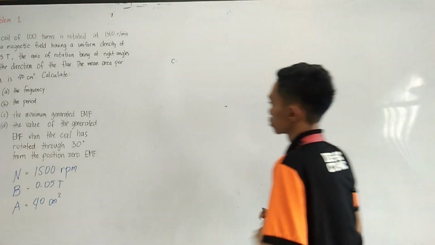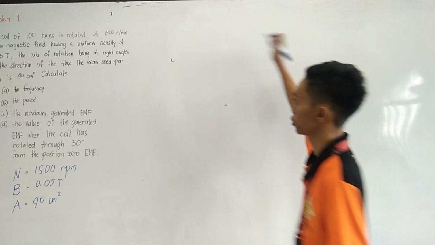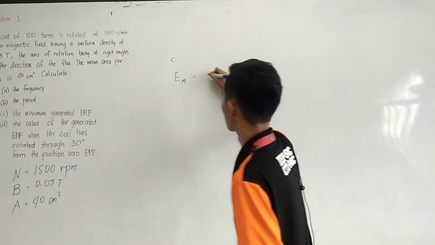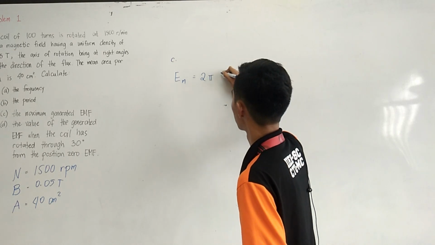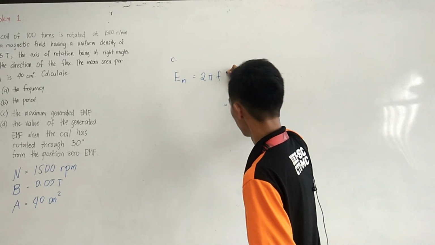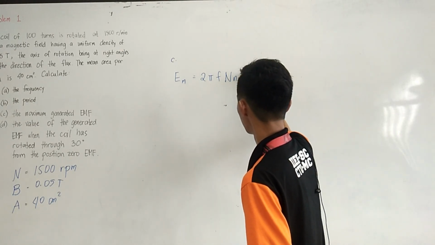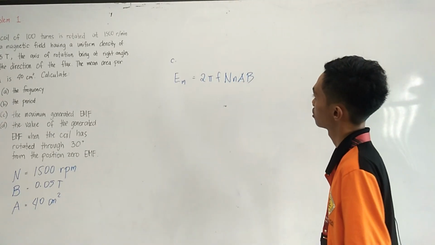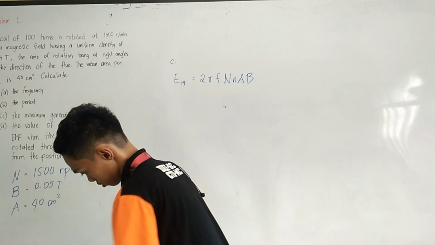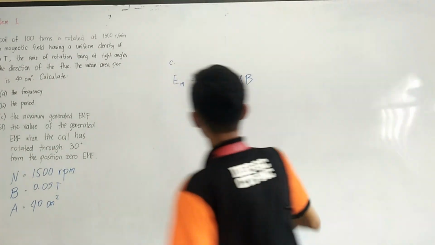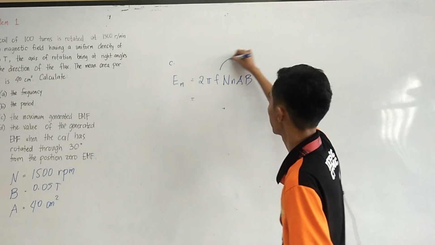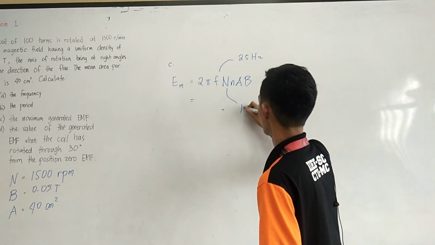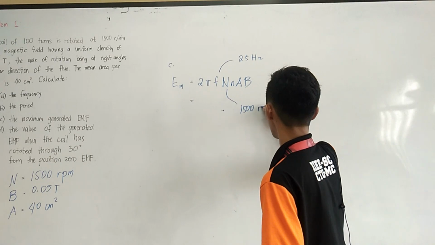Next, to find the maximum generated EMF, we have to consider the equation E sub M is equal to 2 pi F N A B, since we have F as 25 Hertz.